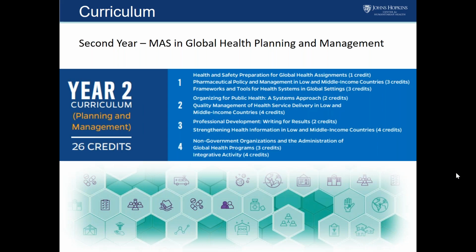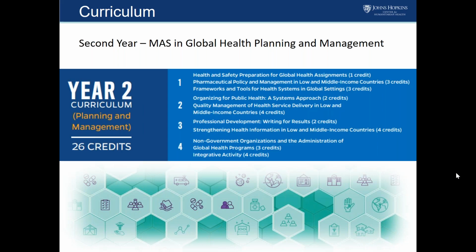We also have quality management issues in another course. This is particularly concerning because one of the things we have recently learned through research is that poor quality care can be more detrimental to people than lack of access to any care. So we really want to focus on how to improve quality.